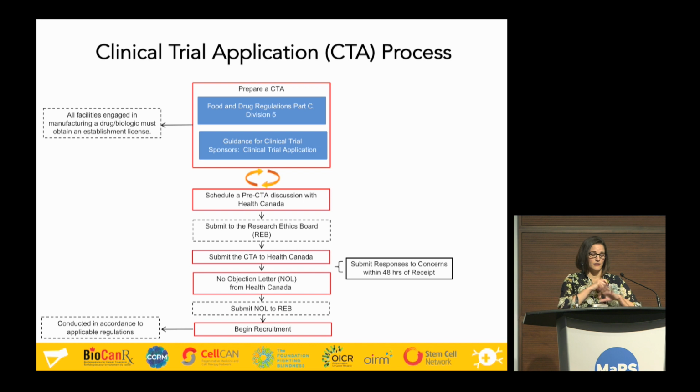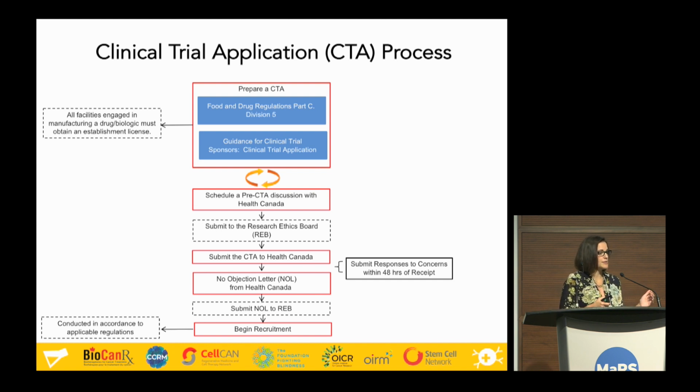I've been doing this for over 15 years, and I've never once had the REB come back to me without changes on the ICF. So better to get those changes in so that once you do get your NOL, you don't have to go back in with your revised ICF. So get their feedback first and use it to help support your clinical trial application.